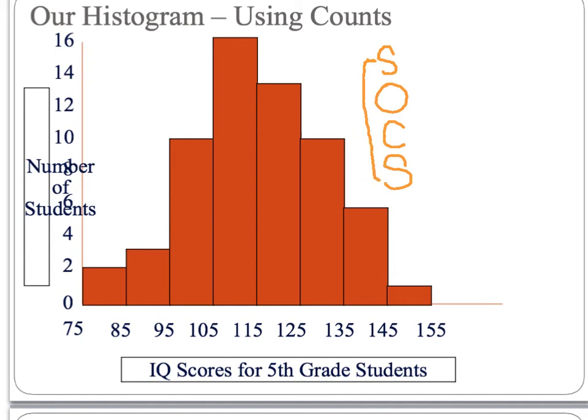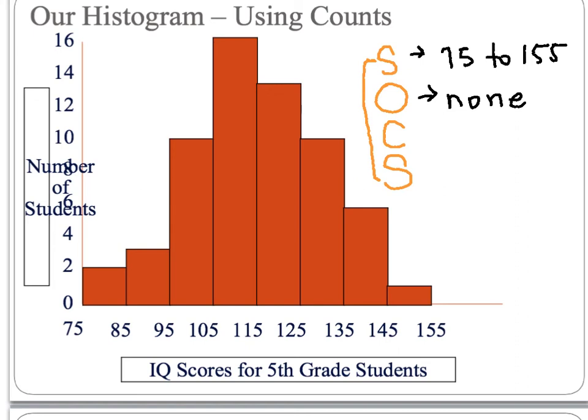And so if we're looking at our histogram, when I'm talking about the spread, I'm just going to say something about the range of scores. And our range of scores is from 75 to 155. And for outlier, I'm going to say there is no apparent outlier because there is nothing that is very far from the center or from any of the data points.